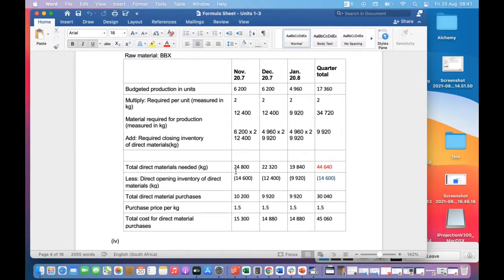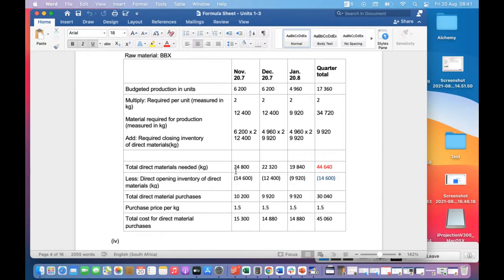Here you can see I put this in blue because again, this is the opening direct materials. Opening inventory for direct materials is the same as at the beginning of November. Here I put this in red because what are we saying?